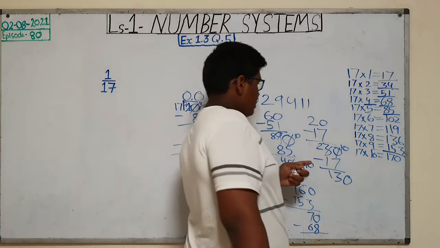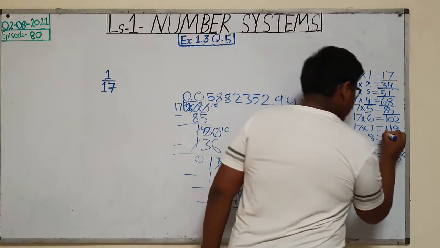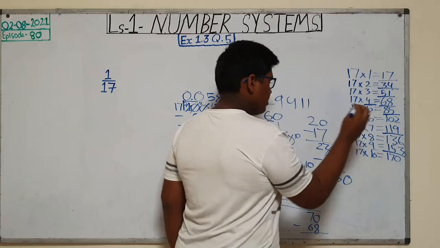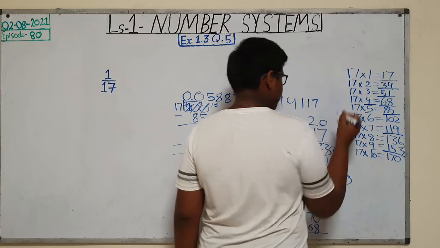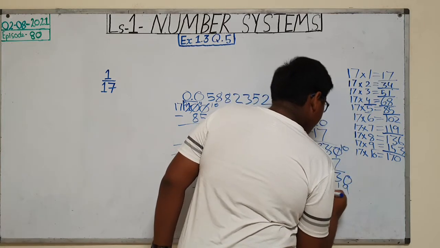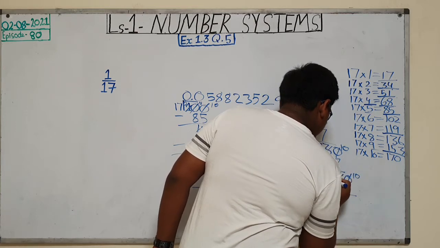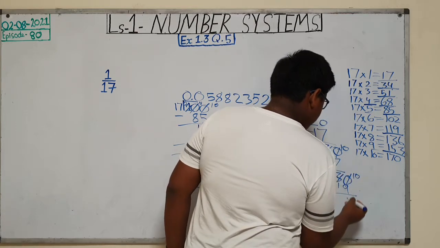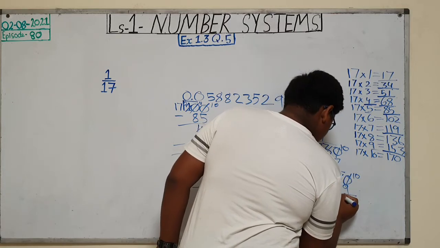So let's check where can we have 130. So can we take 119? Yes, we can. So right here 7 and right here 119. Okay, now let's subtract. So this will be 10, this will be 2. Okay, now 10 minus 9 is 1, and 2 minus 1 is 1.